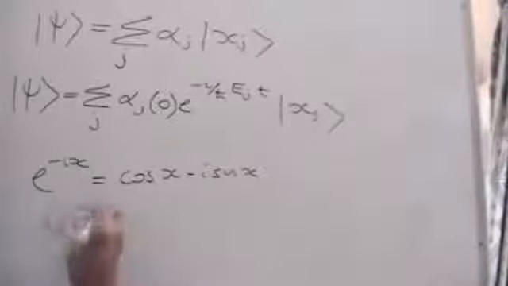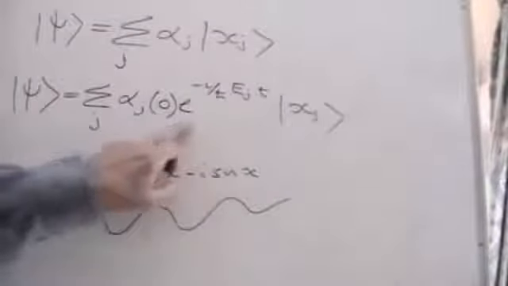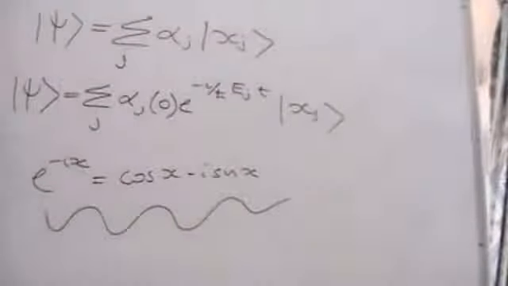So this term oscillates, this is just a cosine wave. That's the real part of it, and the sine wave similarly. So this term just oscillates. So you've got an oscillating, essentially, wave function. The wave function oscillates as time progresses.